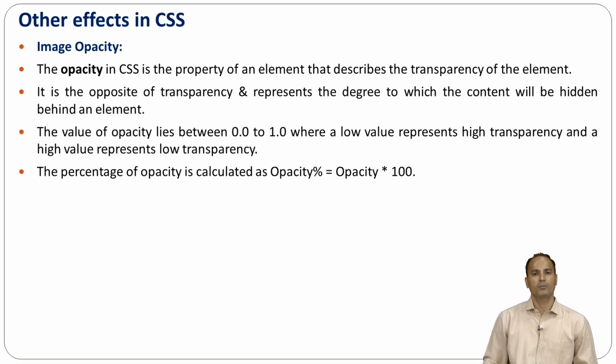The value of opacity lies between 0.0 and 1.0, minimum to maximum, where a low value represents high transparency and a high value represents low transparency. The percentage of opacity is calculated as opacity percentage equals opacity times 100.